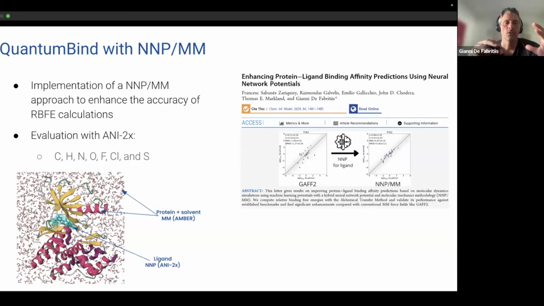We still cannot do the entire thing with a neural network potential, but we can take the worst part in terms of molecular mechanics, which is the small molecule, treat that with the neural network potential, and treat the rest of the system as normal molecular mechanics. Even with this simple change, you get quite a bit of improvement. In fact, you probably get state of the art already.